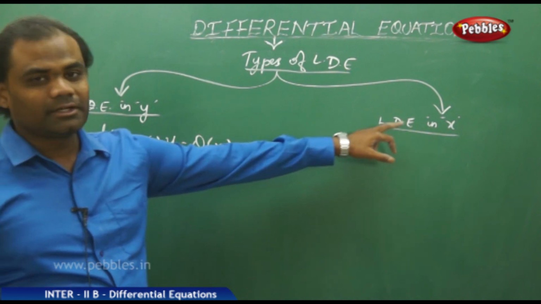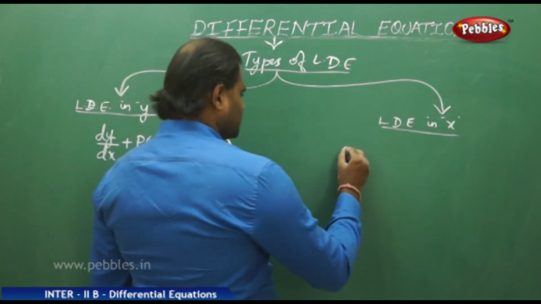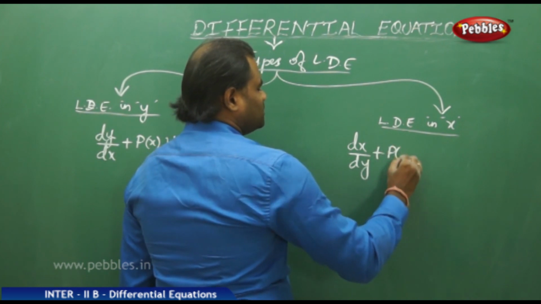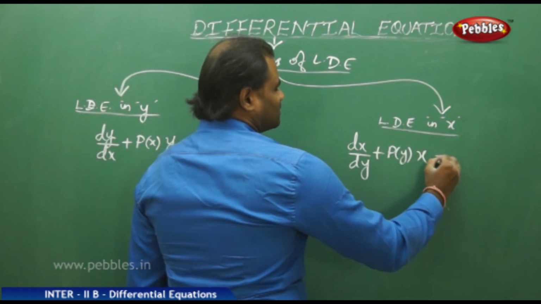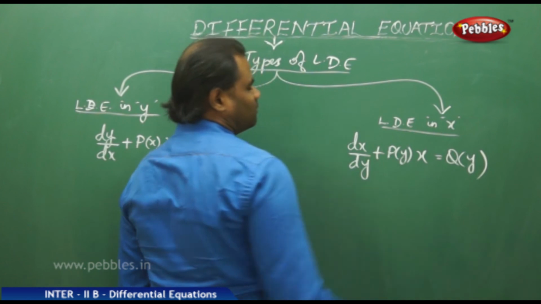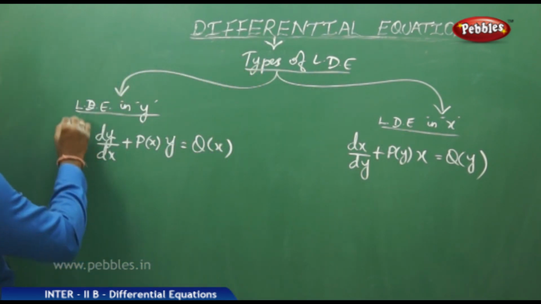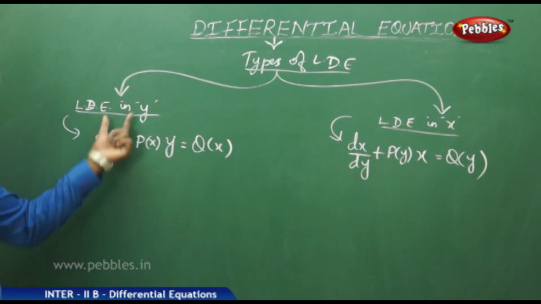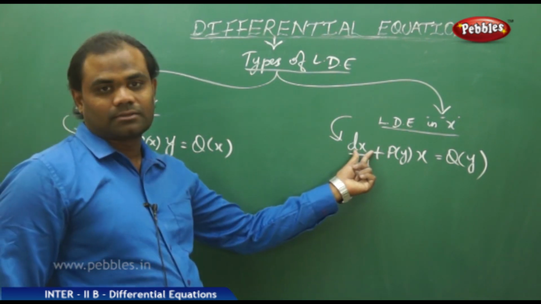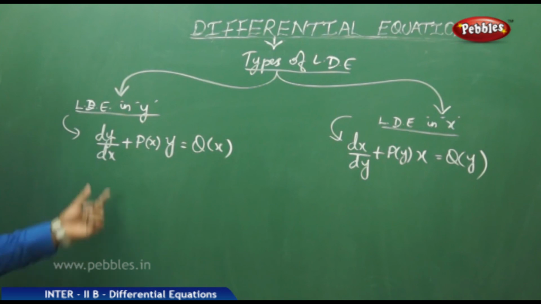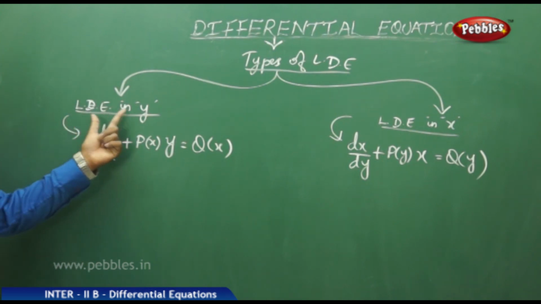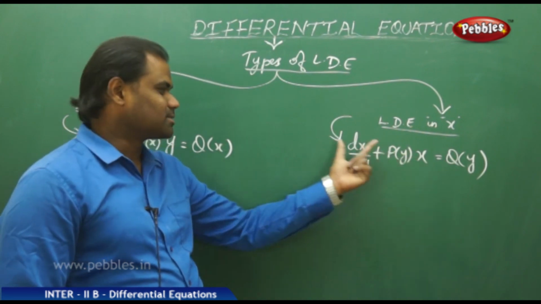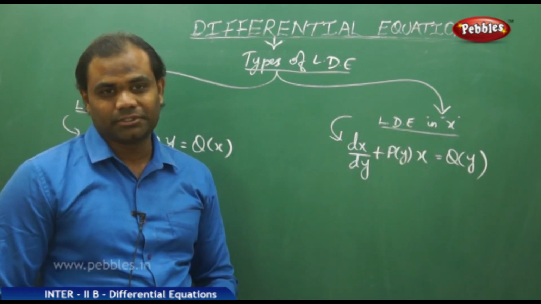But if I take a linear differential equation in x, it is dx by dy plus p(y) x equals q(y), is how we differentiate between the two linear forms in y and in x. If the dependent variable here is y, then it's called linear differential equation in y, and if the dependent variable is x, in this case we call that linear differential equation in x.